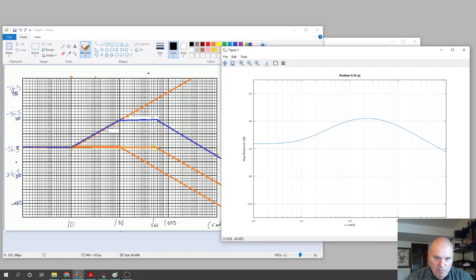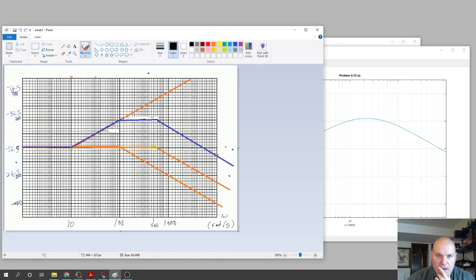So again, moving over to my hand-drawn plot, you can see it corresponds pretty well here. We said that it was minus 56.5 dB at the left. It has a peak response here of about 36.5. Let me go back over to the paint program and choose to draw the pencil. Again, let me get this same blue curve. Remember, I said there would be a little correction here of about 3 dB when we're drawing these.